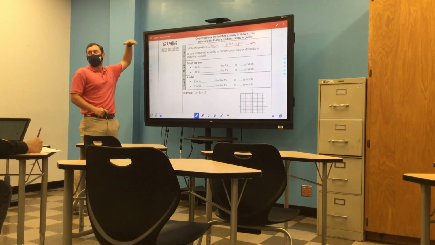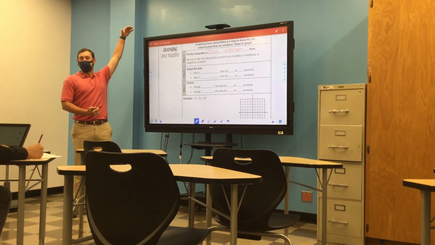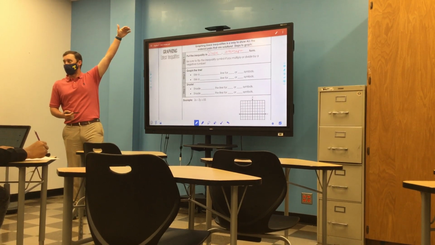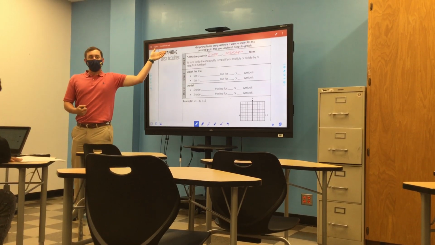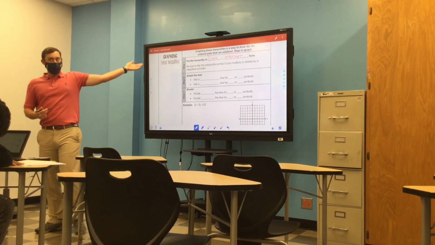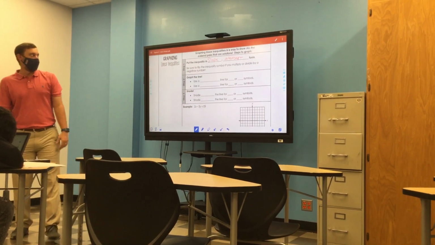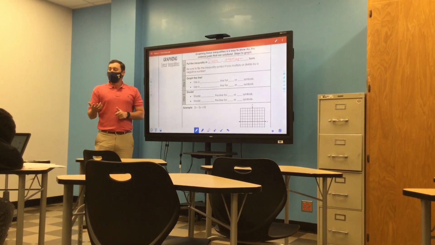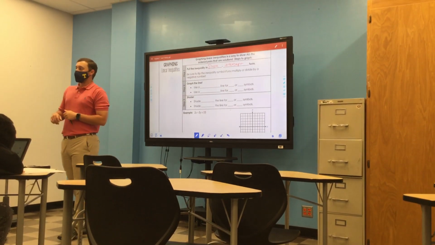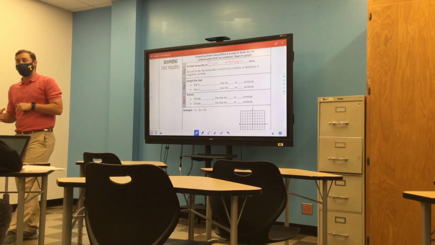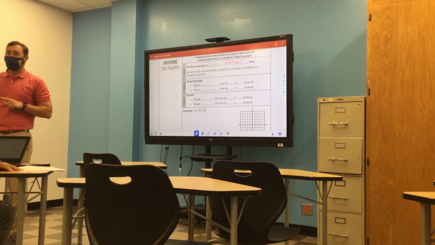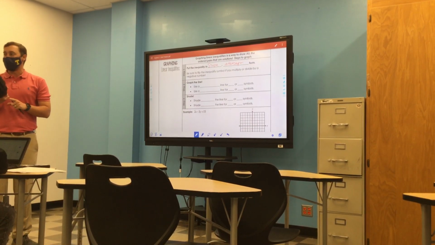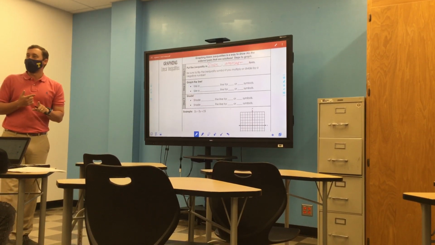Remember up top, we said that linear inequalities are the same thing as linear equations except with an inequality sign. So it makes sense that slope intercept form can be used for both. One thing to watch out for if you're doing this by hand, remember the rule about inequalities: if you ever multiply or divide by a negative, you have to flip that inequality sign. Y'all remember that? We talked about that in Unit 1.